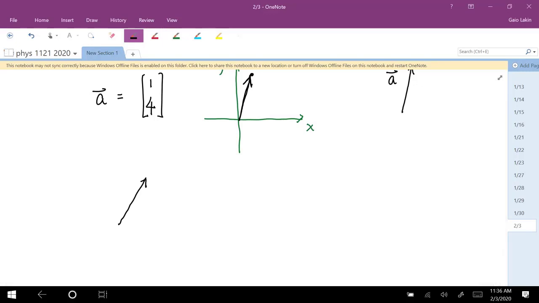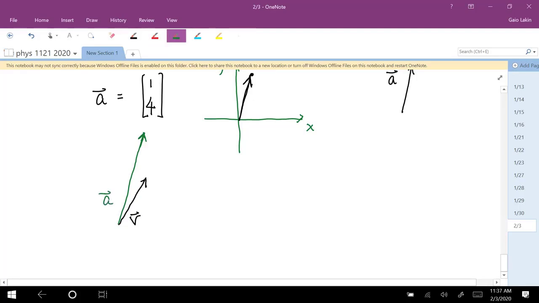The acceleration vector is this way. Okay, so this is the velocity vector. This is the acceleration vector. That's what we figured out.